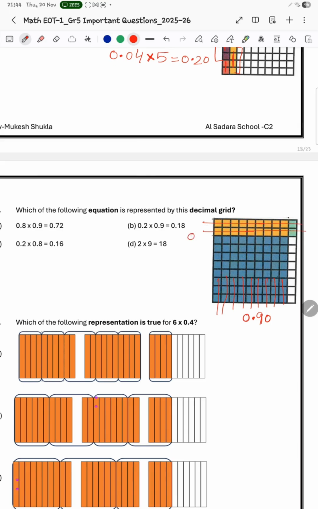So 20 is 0.20. If on one side we go vertical and on one side horizontal, it will give you a rectangle formation. So rectangle formation means it is the area of a rectangle. So I will write 0.90 times 0.20. So only one option is having this.